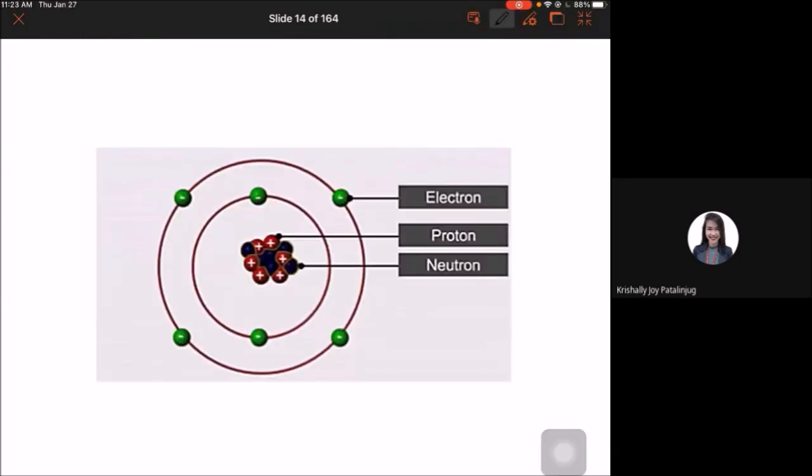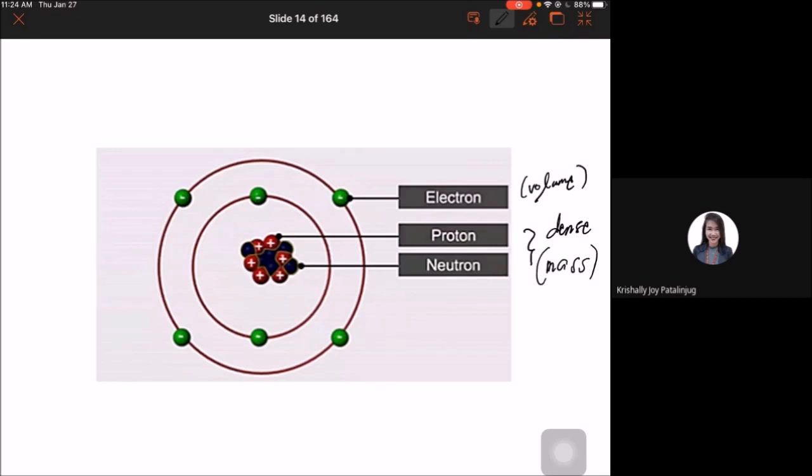Now, going back to this figure, it was mentioned that the nucleus of an atom has a dense property. We could say then that most of the mass of an atom is in its nucleus. Whereas, since the electron occupies the outermost part of the atom, we could say that most of the volume of the atom is occupied by the electrons.